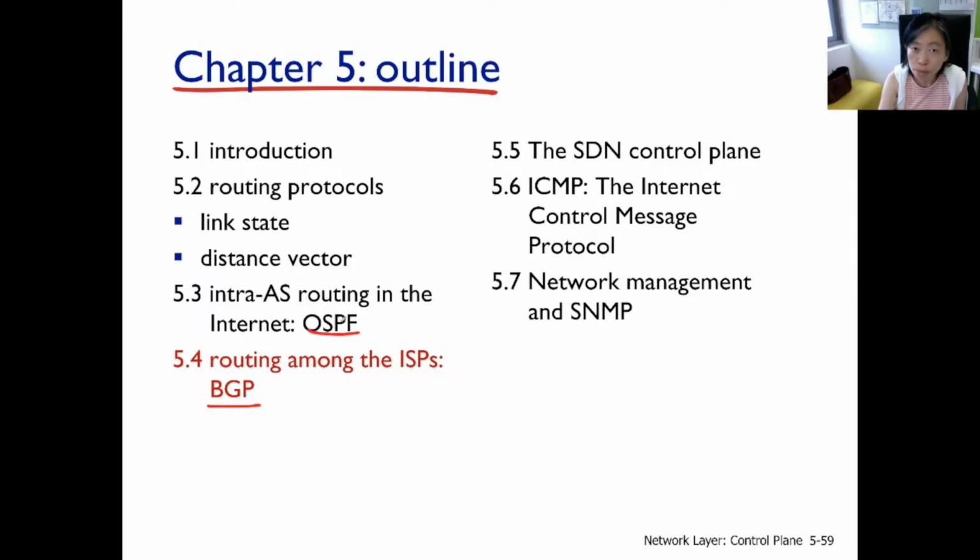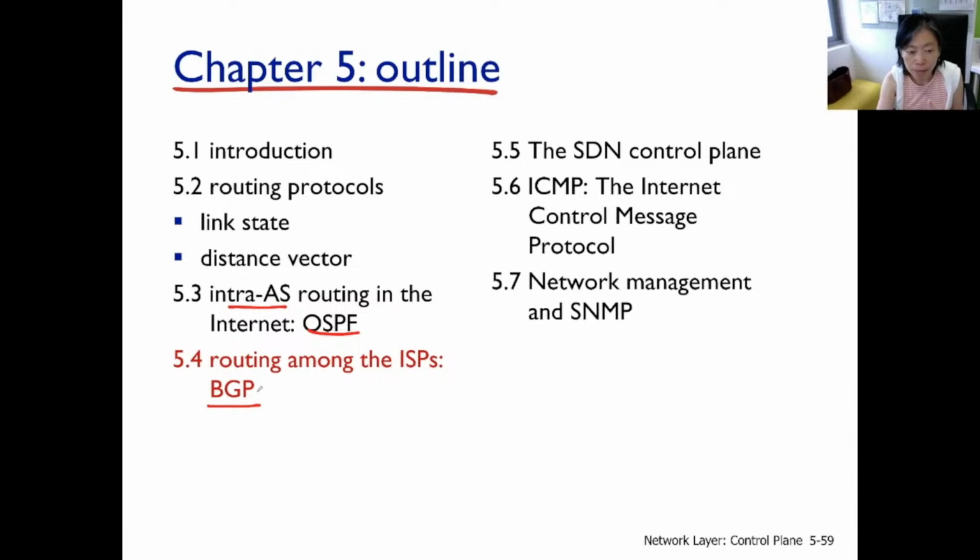OSPF, RIP, EIGRP, those are the intra-AS routing protocols. Those run on the regular routers within an AS. Now, the network admin gets to choose one intra-AS routing protocol versus another, as long as all the routers within the AS run the same routing protocol.